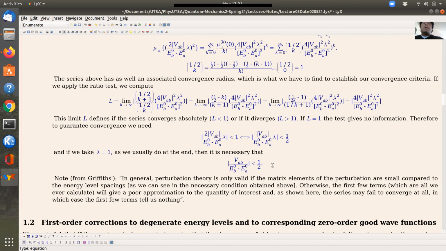It's not sufficient to guarantee convergence, or that you are not getting garbage in your calculation from perturbation theory. This is a necessary condition in general, that the perturbation in the energy is small with respect to the energy difference. Otherwise, you cannot guarantee that the perturbation theory corrections that you're doing for the energies are good.